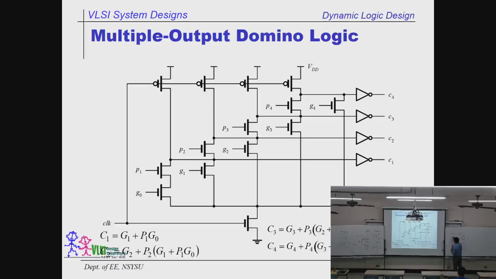C1, C2, C3, C4. Carry out will be the longest delay, the worst nightmare for any adder design. So apparently this kind of design is not allowed in our course. This is for elementary kids. But we would like to know whether there is an efficient way to generate all the C's at the same time. That is a very interesting one.